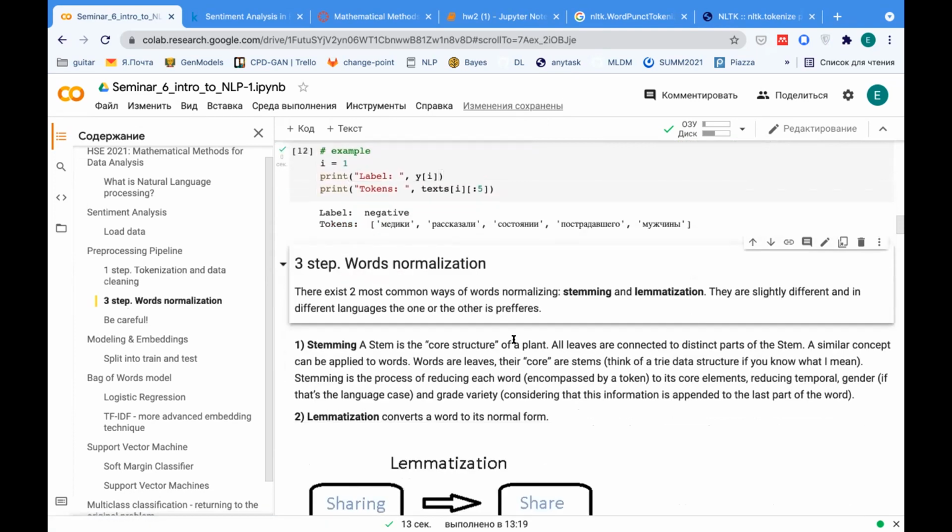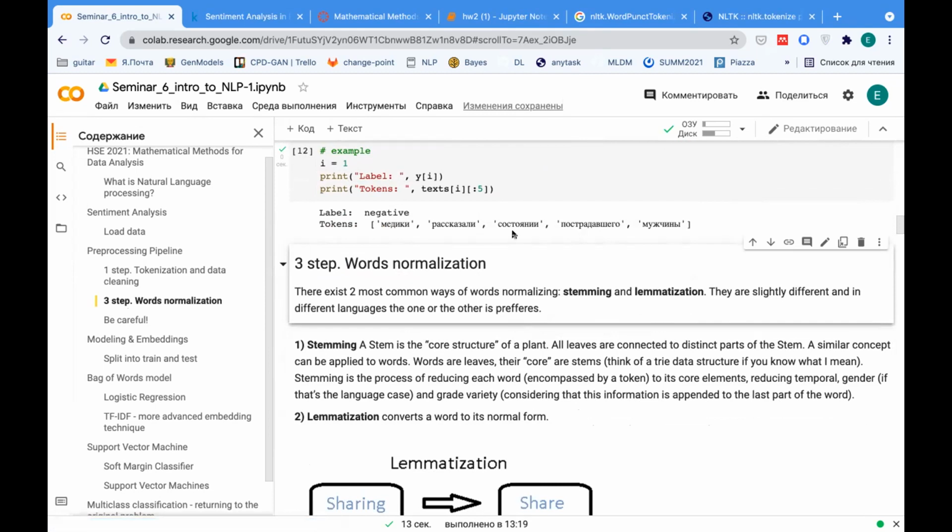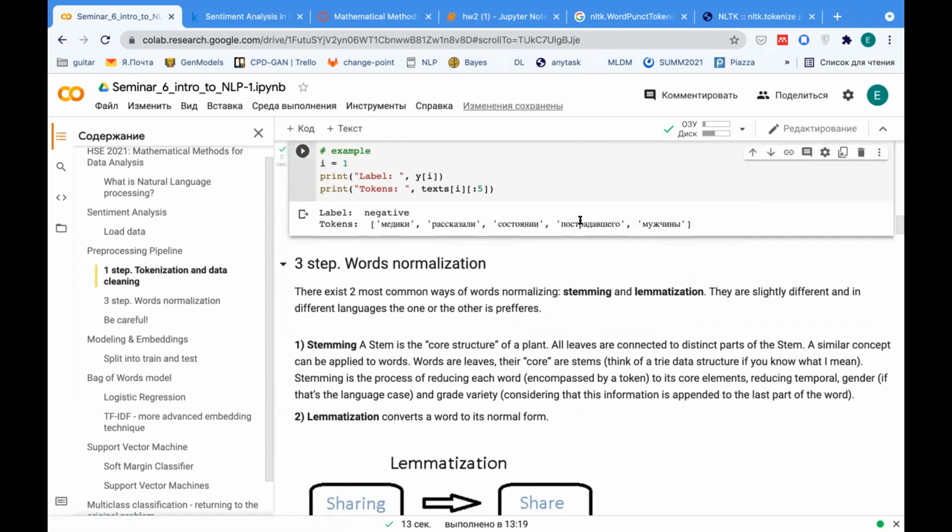The next step that we should do is some normalization of our words. We can see that there are different types of words, and probably there are a bit too many, especially in Russian, since we have a lot of different morphological forms of a lot of our words, but probably they bring the same meaning, probably not the same, but close meaning.